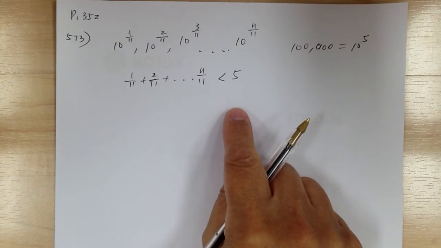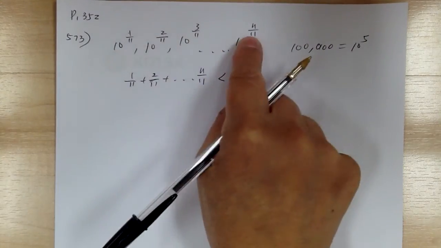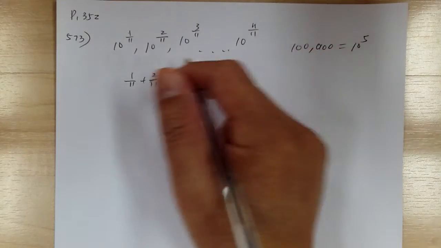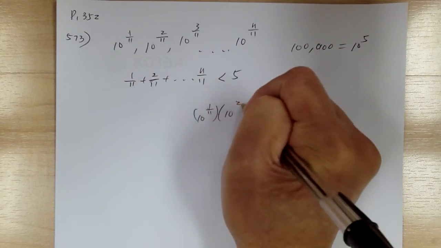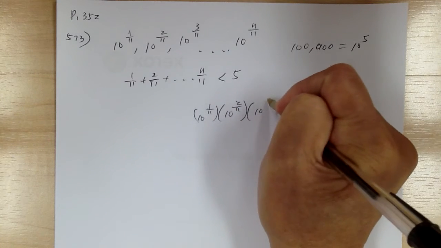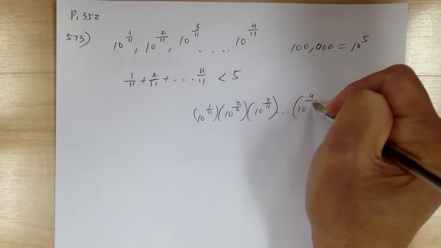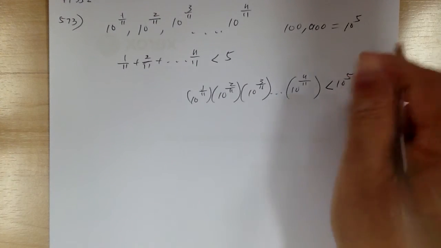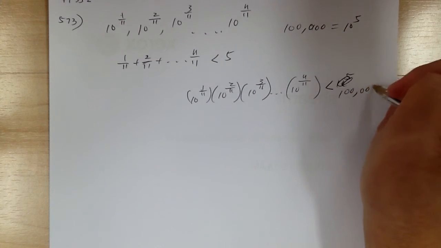Okay. So again, if you don't see it, when you multiply all these, you have to add the exponents. If we back up a little bit, so you got these, and you multiply all this together, and this has to be greater than 10 to the 5, than 100,000.